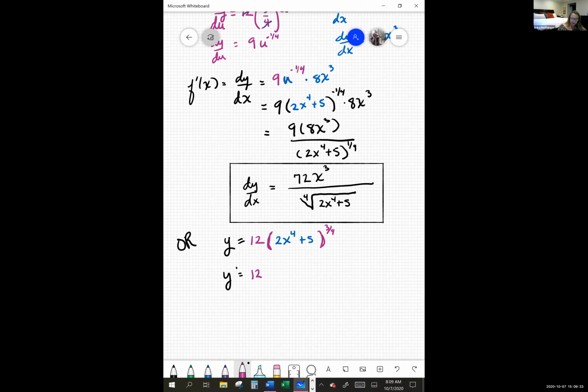So 12 times this 3/4 of the inner piece, 2x to the fourth plus 5, to the 3/4 minus 1, or 4/4, times the derivative of the inner piece. So for right now, I'm going to write just d/dx of 2x to the fourth plus 5, saying I have to go back and take that derivative. I haven't done it yet.